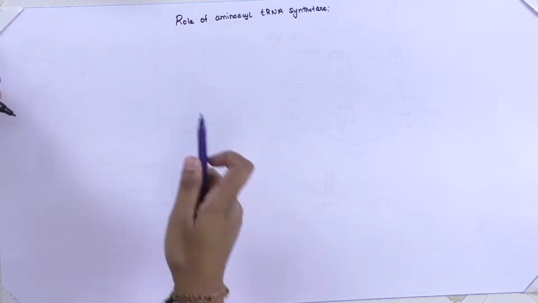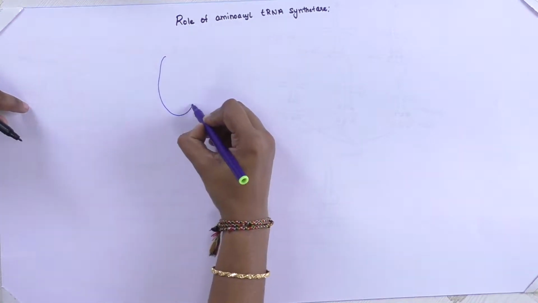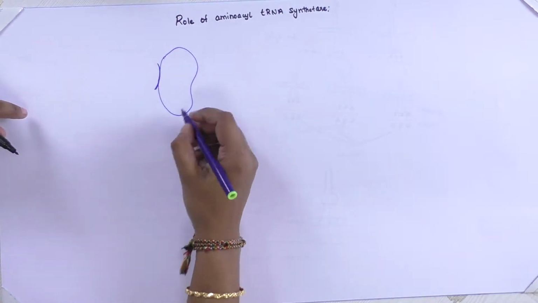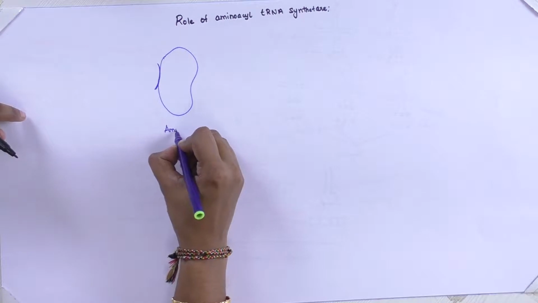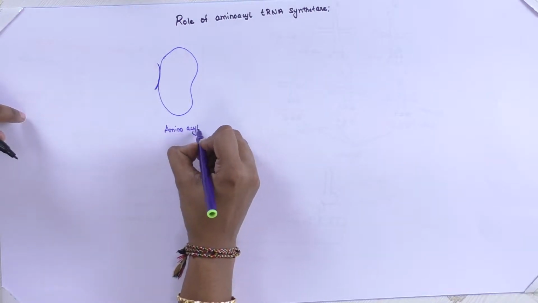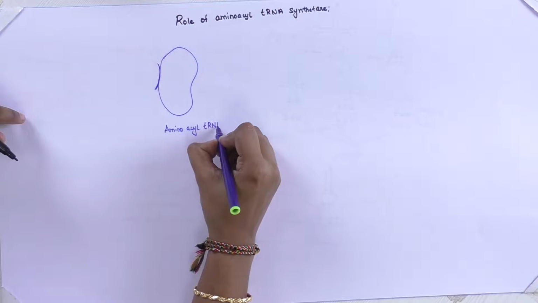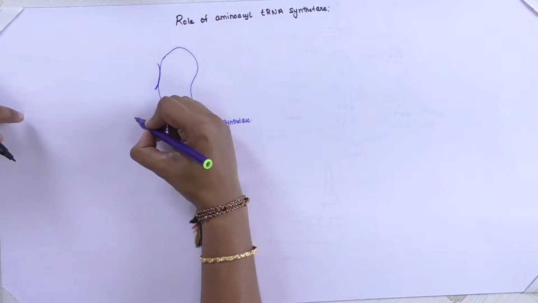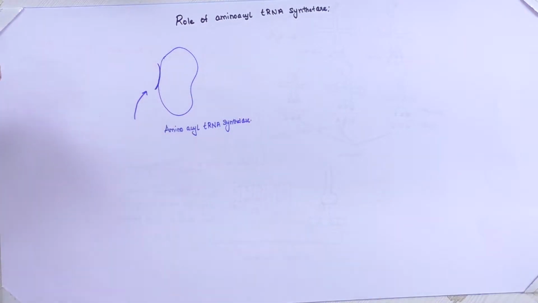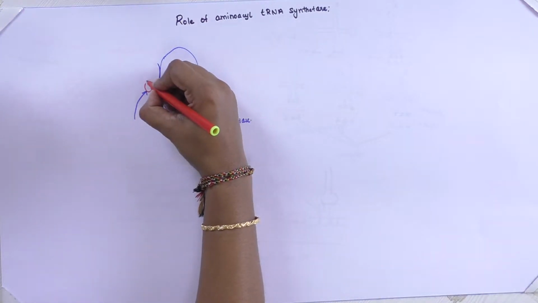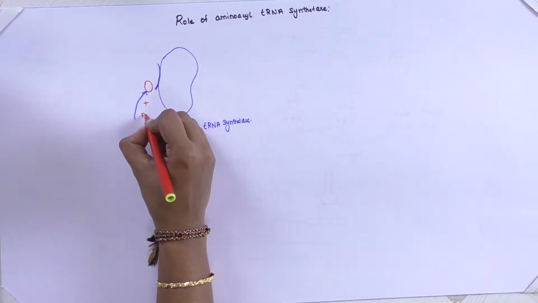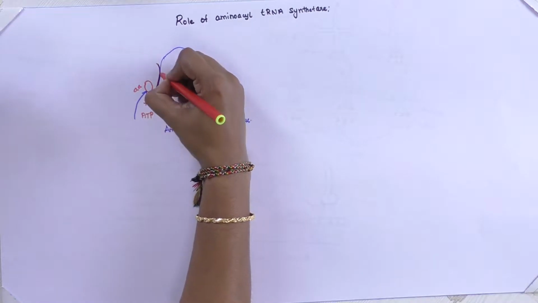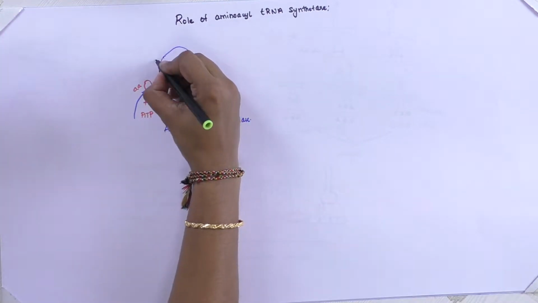So for example, if you are taking an amino acid, the amino acid tRNA synthetase enzyme recognizes an amino acid plus an ATP molecule, which comes and binds to the active site of the enzyme.